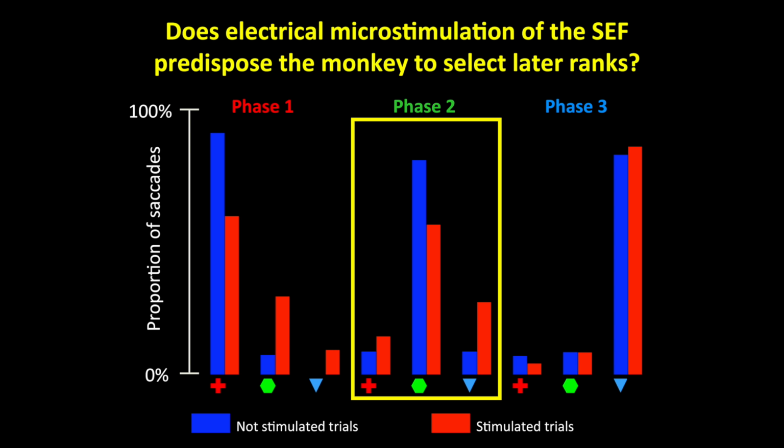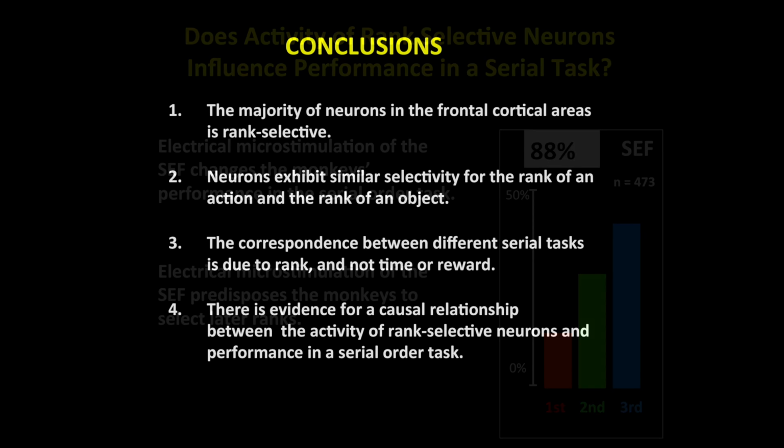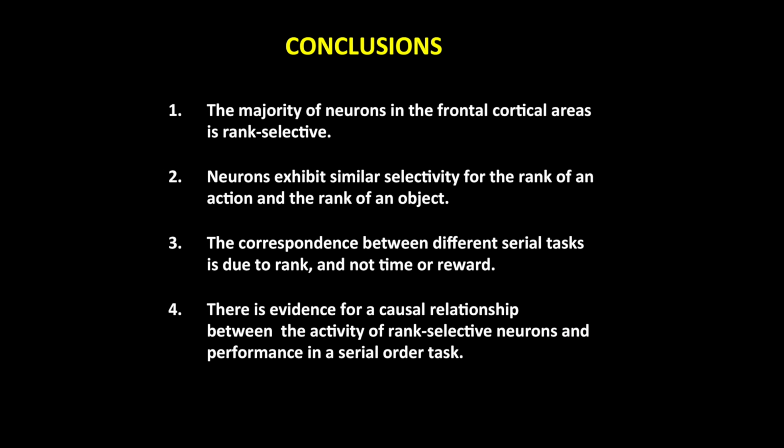If you inject electrical current, somewhat increasing the level of activation of neurons in these areas, it in fact changes the monkey's behavior in the serial order task. So we concluded that electrical microstimulation changes the performance in the serial order task, and it seems to predispose the monkeys to select later ranks, which is consistent with the neuronal activity observed in this area. Let's briefly summarize this part of the talk.